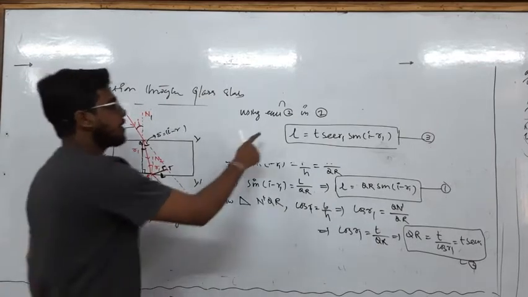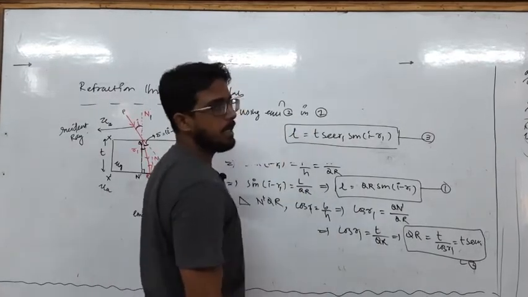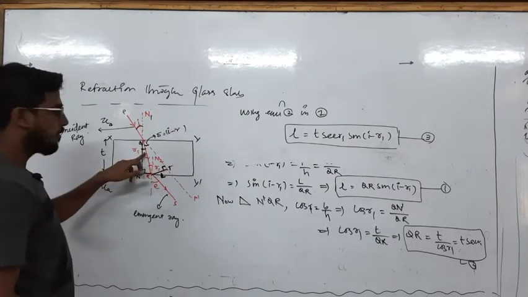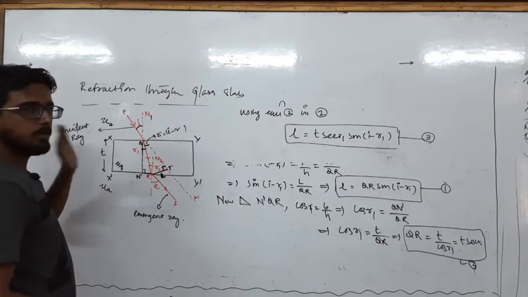Clear? You have to remember this formula: lateral shift equals T sec R1 sin(I minus R1). Here R1 is the angle of refraction at the first interface. Clear?